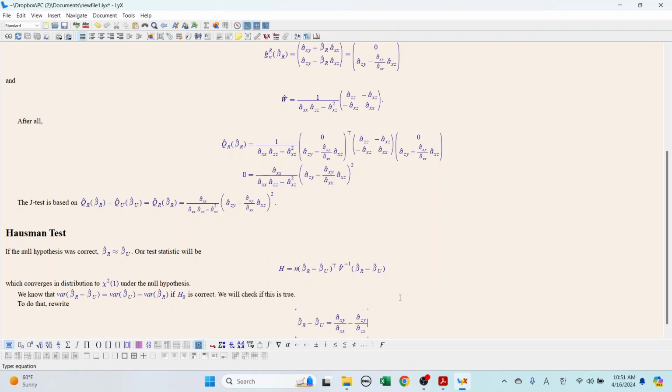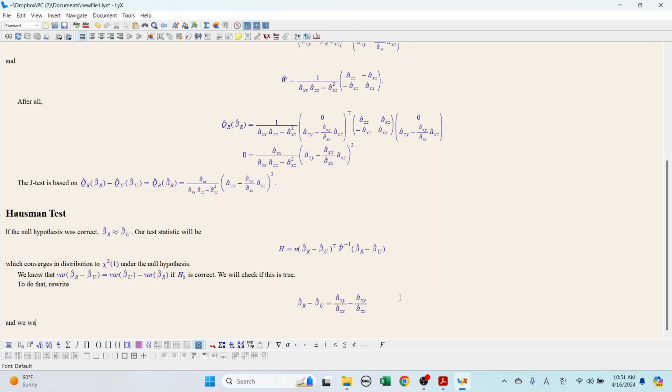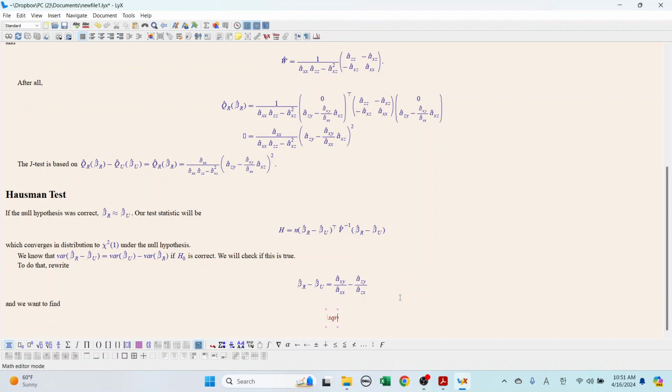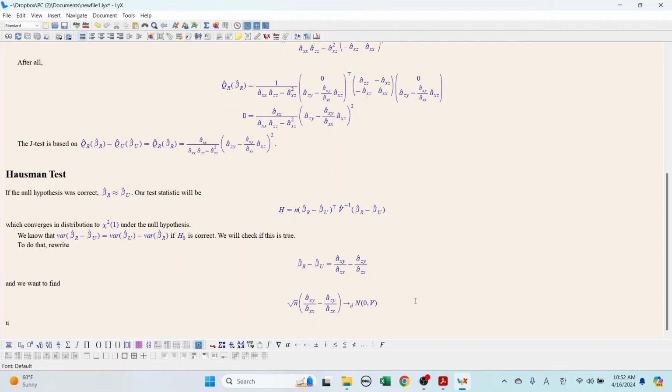So we are going to have this, and we want to find something like this that converges in distribution to normal (0, V). So this is what we want, under the null hypothesis.